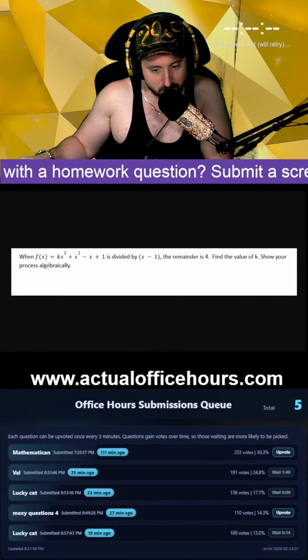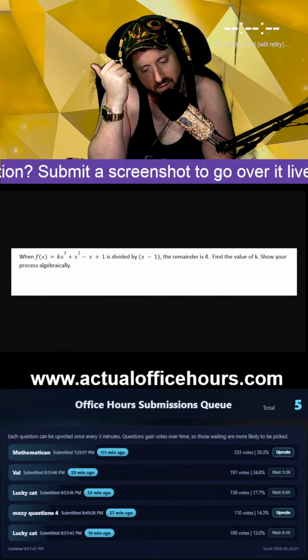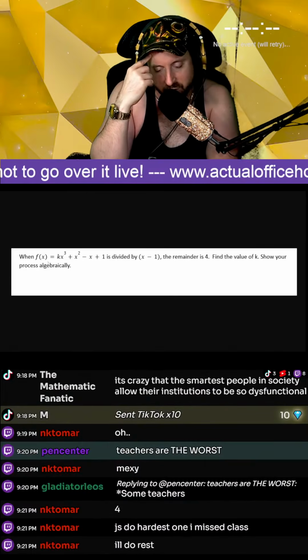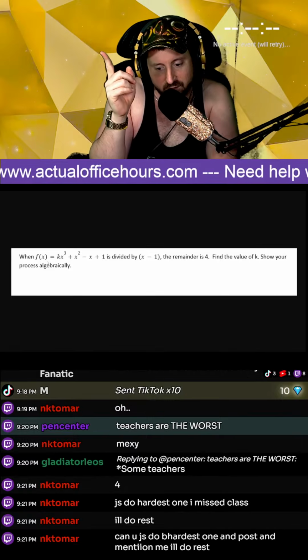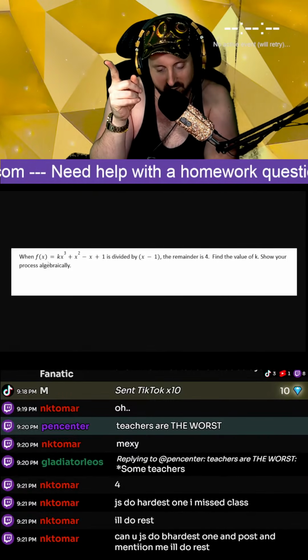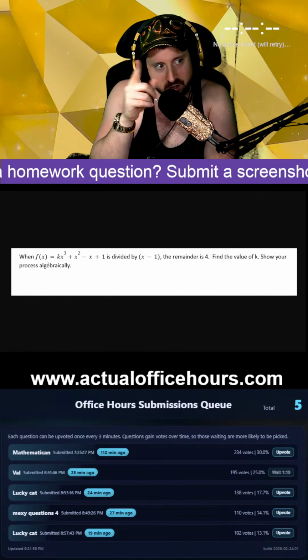This is the remainder theorem. Since it's divided by x minus 1, the root is 1. So yeah, you're good.